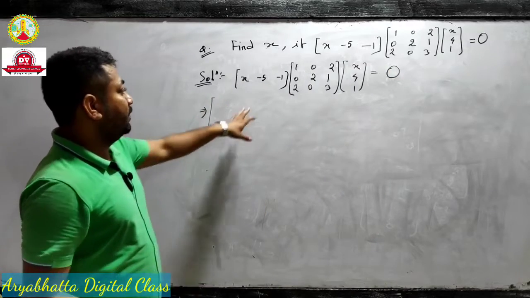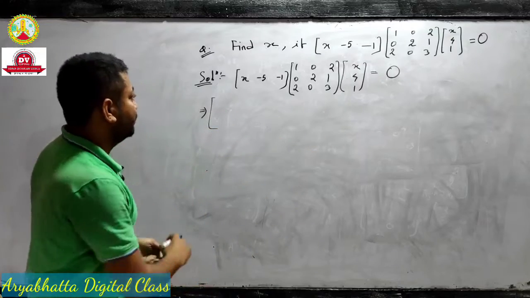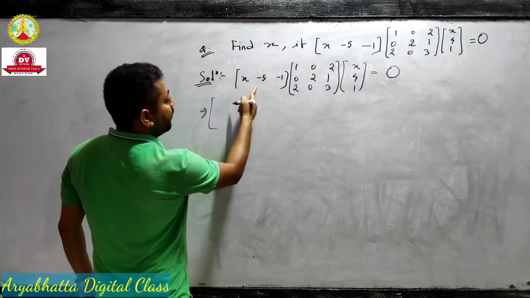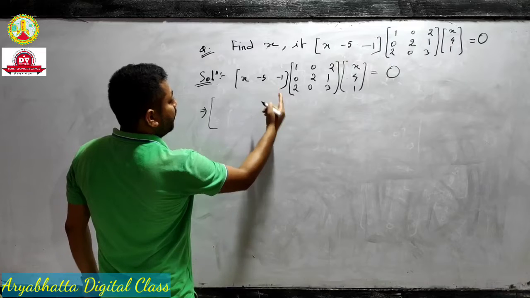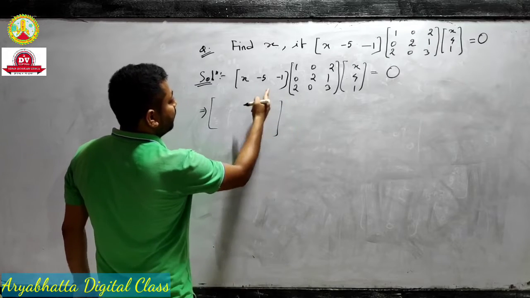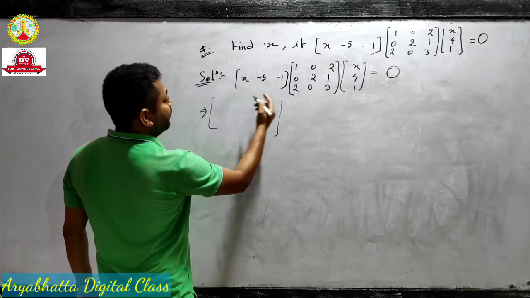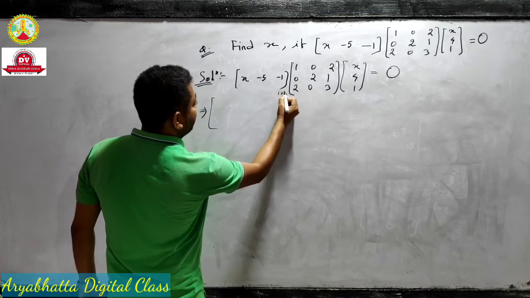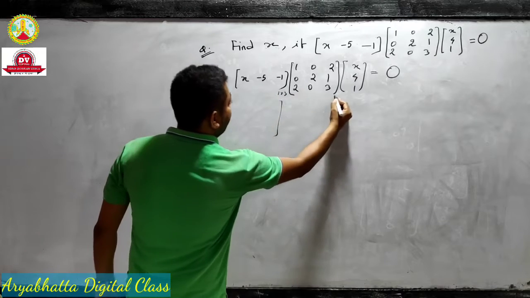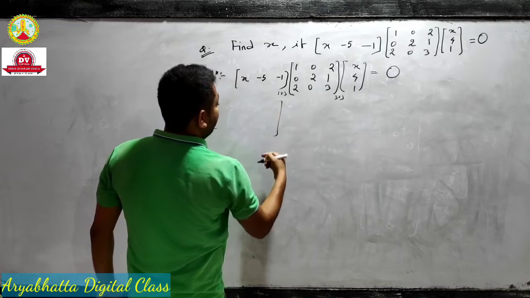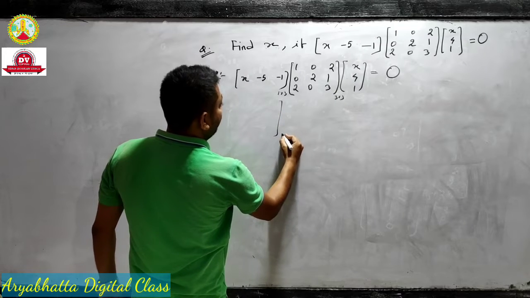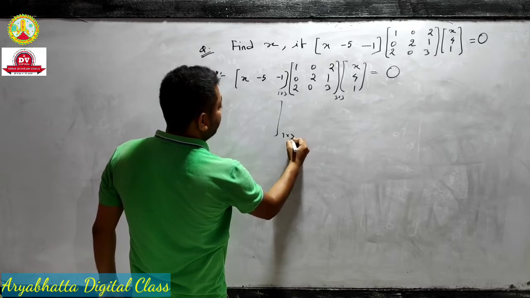First, we multiply this and this matrix. Here the order of this matrix is 1 by 3 and the order of this matrix is 3 by 3. Then the resultant matrix will be a 1 by 3 matrix.